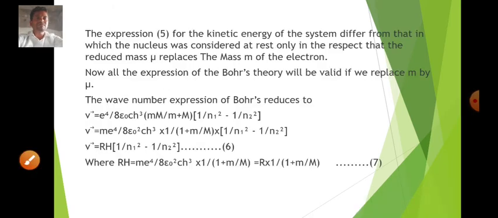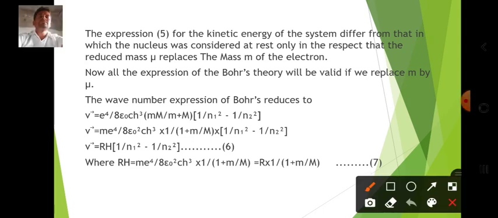Now, here I have taken an extra explanation. See here, the extra explanation is expression 5. Just know what we have obtained: the kinetic energy of the system differs from that in which the nucleus was considered at rest only in the respect that the reduced mass mu replaces the mass m of the electron, right?